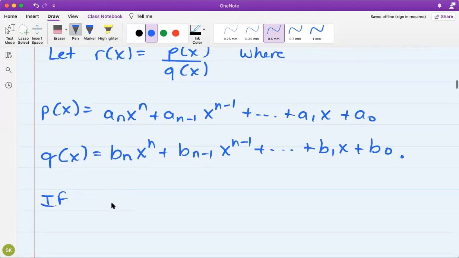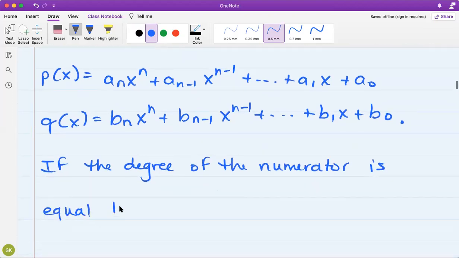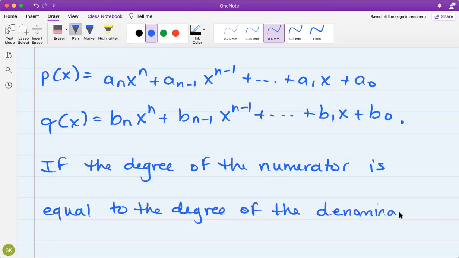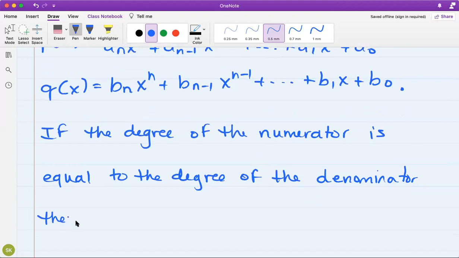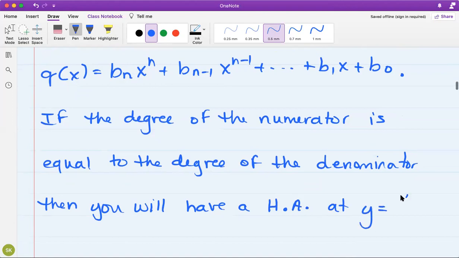So if the degree of the numerator, so p of x, is equal to the degree of the denominator, then you will have a horizontal asymptote at y is equal to a sub n over b sub n.